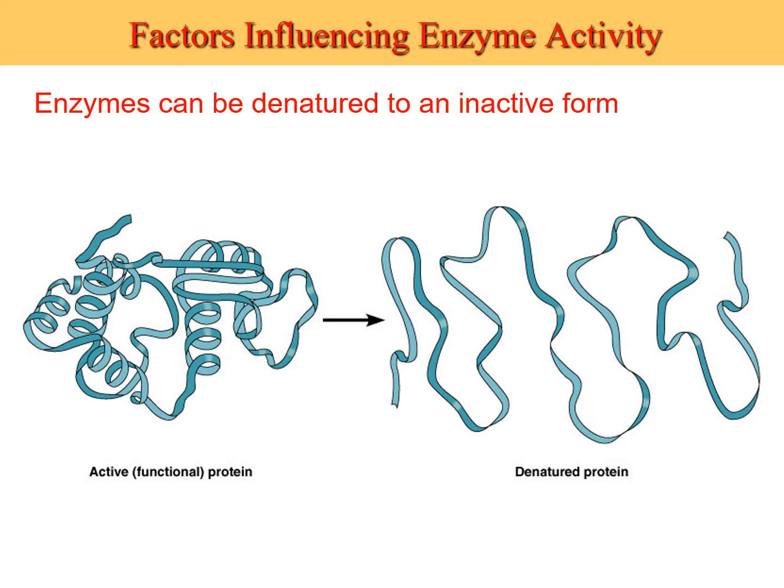In this model here of the native or active protein, you see there's an area of alpha helix here, another here, another here, and another there, so it has five areas of alpha helices.